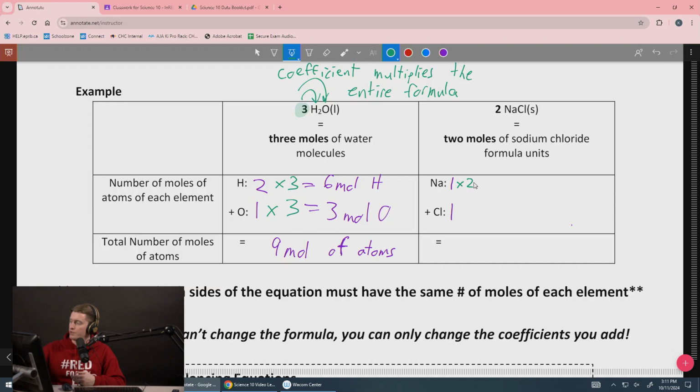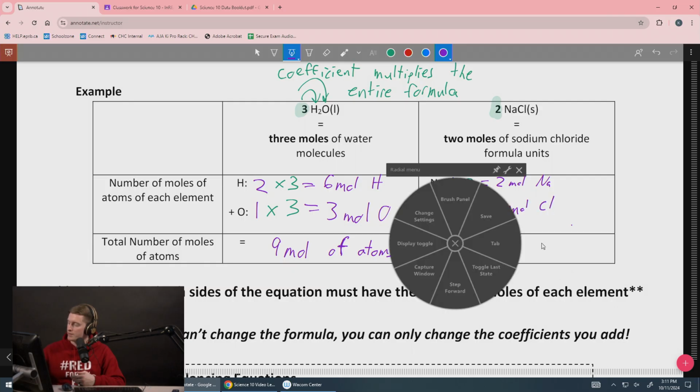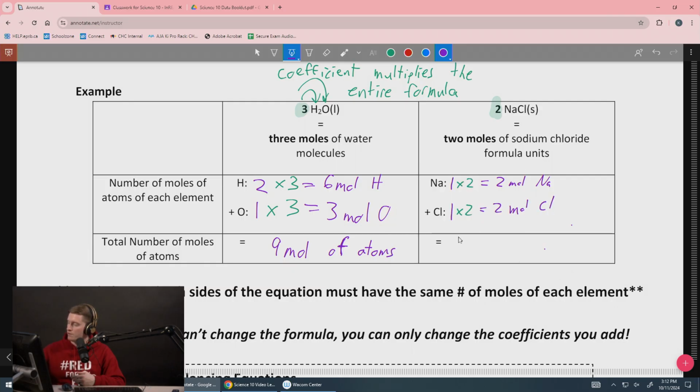But we have this coefficient of 2, which will multiply both our chlorine and our sodium to give us 2 moles of sodium and 2 moles of chlorine. So in total, that's going to be 4 moles of atoms.